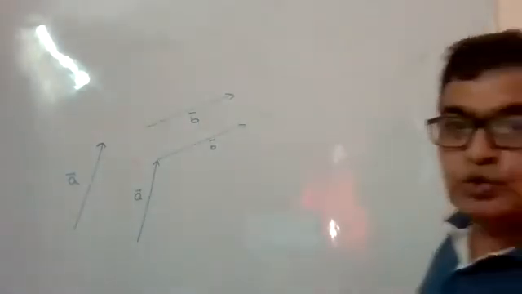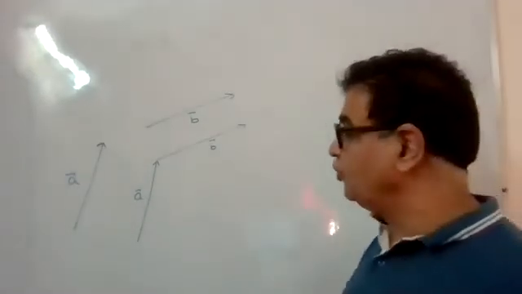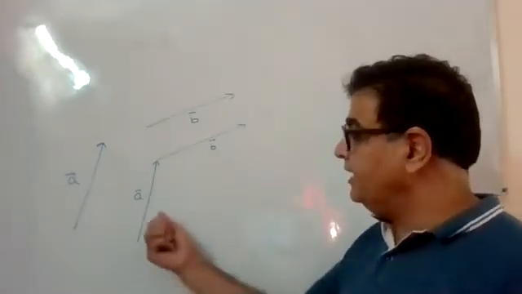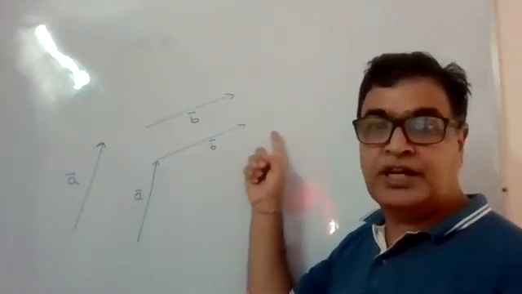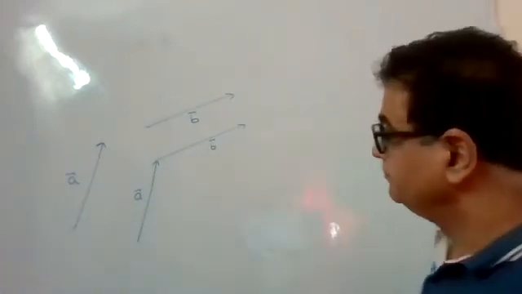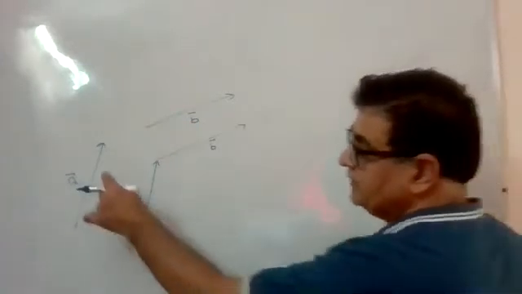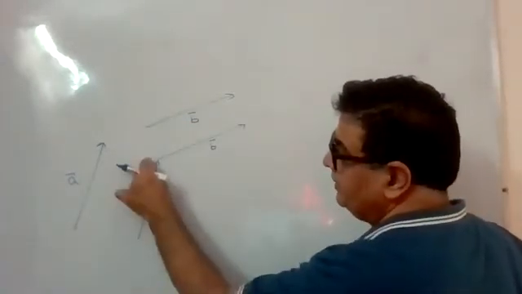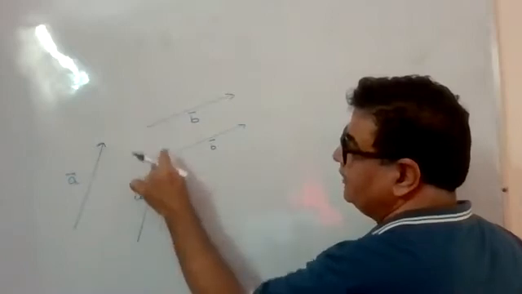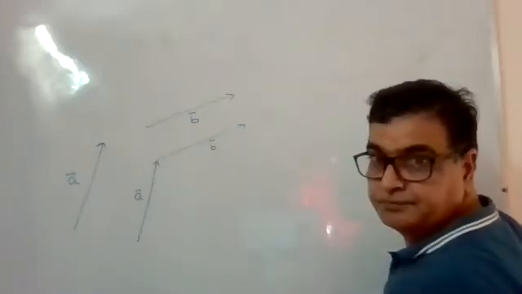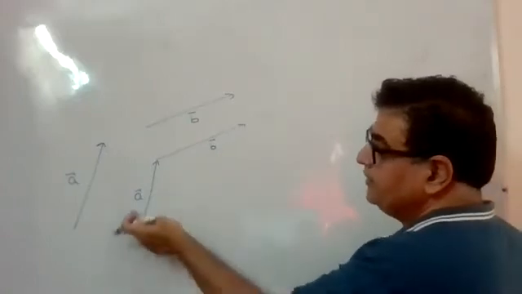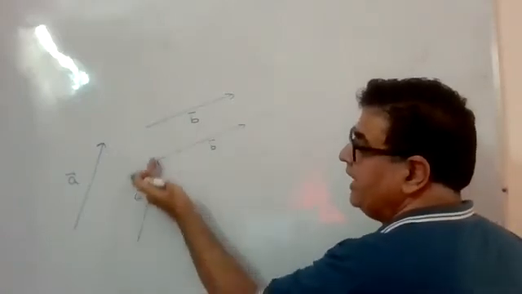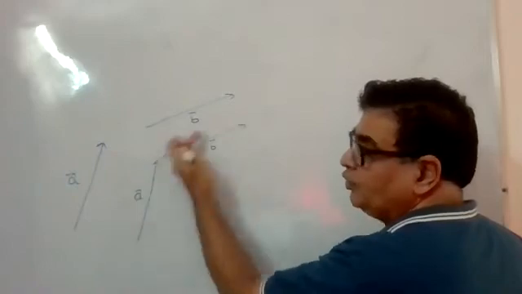When you want the addition of two vectors A and B, we join the head of the first vector to the tail of the second vector. This is the A vector; its head will be joined with the tail of B. Now they are in the same order, meaning arrows joined head to tail.